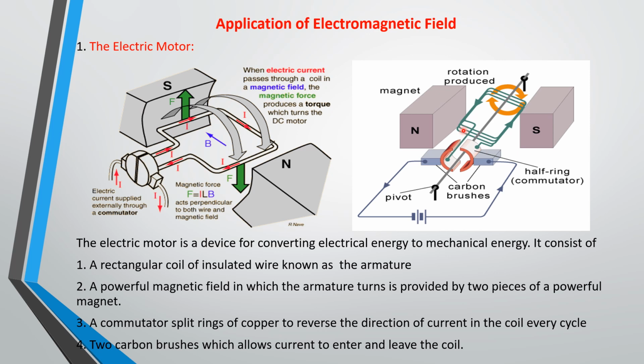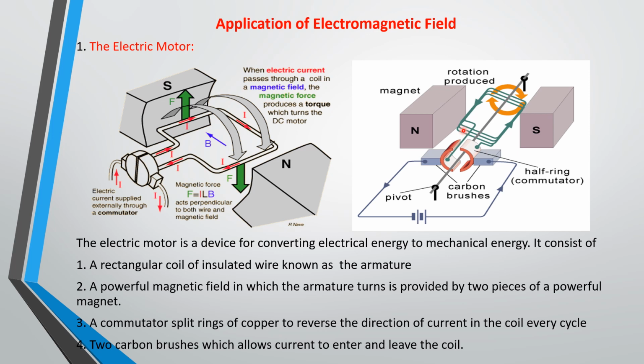Then you also have electric motors in some of your devices. If you are used to different electronic devices, you have small motors in them that help to drive some belts, drive some components of the machine, like your printer. Your printer has electric motors in it. So those are areas where you can actually see electric motors.